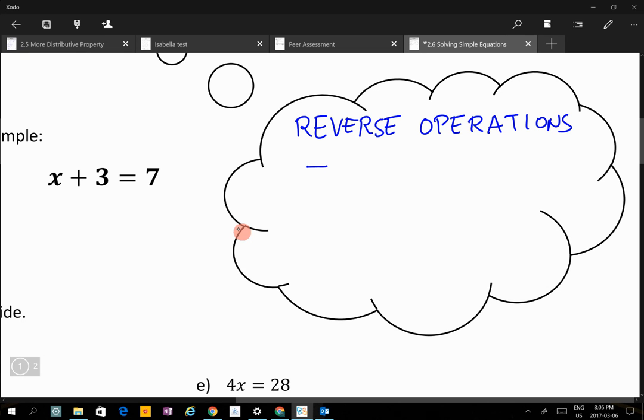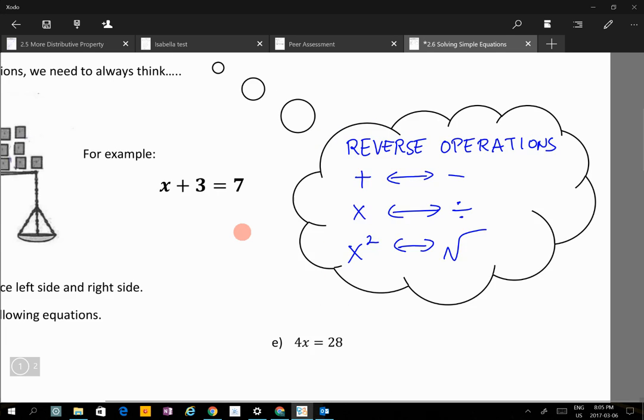That means any addition operations, we're going to be subtracting, and vice versa. Any multiplication operations, then we'll divide. And same thing for squared exponents, then we'll take the square root. Okay. So reverse operations, that's the key.